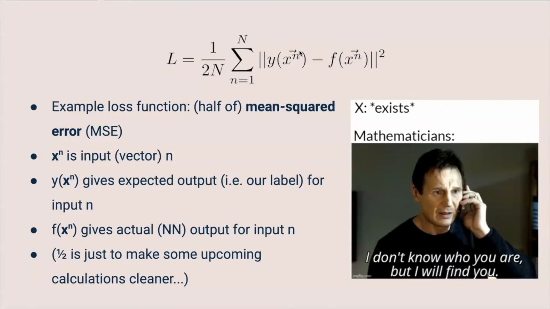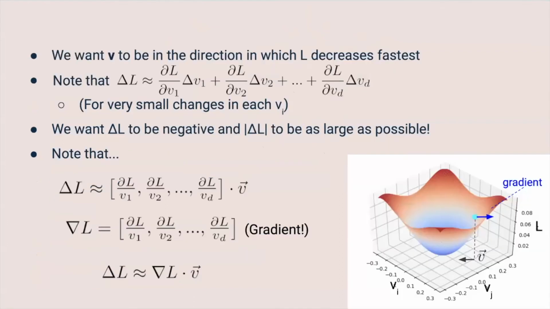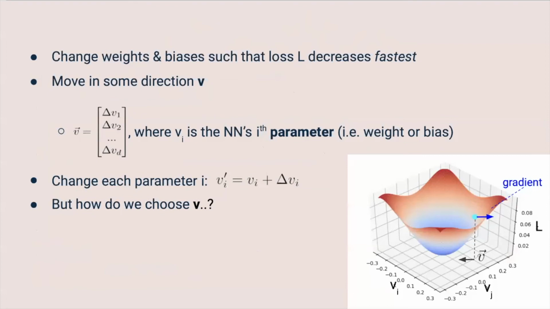So here's the mean squared error function. And you also note that there's this 2 right here. This 2 doesn't actually affect anything. It's there so that when we take the derivative, the square moves down and it cancels out nicely. So don't worry too much about the 2. So let's go to the next one.